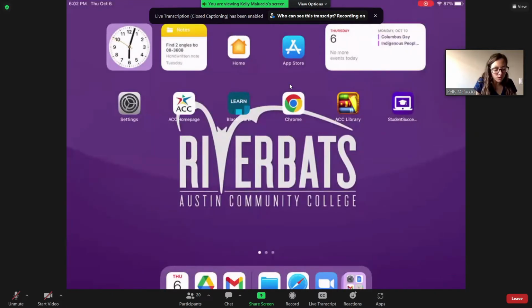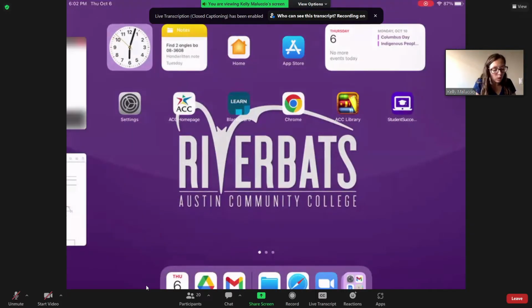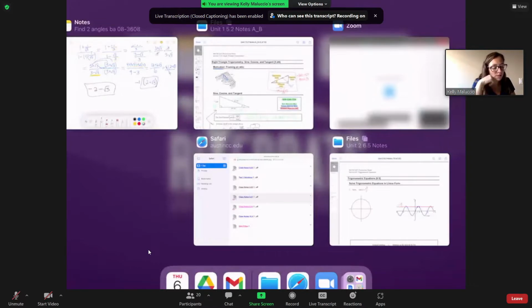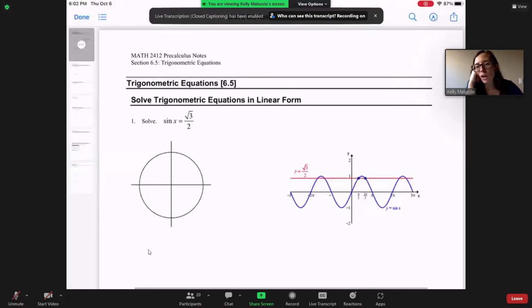And one way that you could have solved that, I think that might help, is if you made a right triangle.